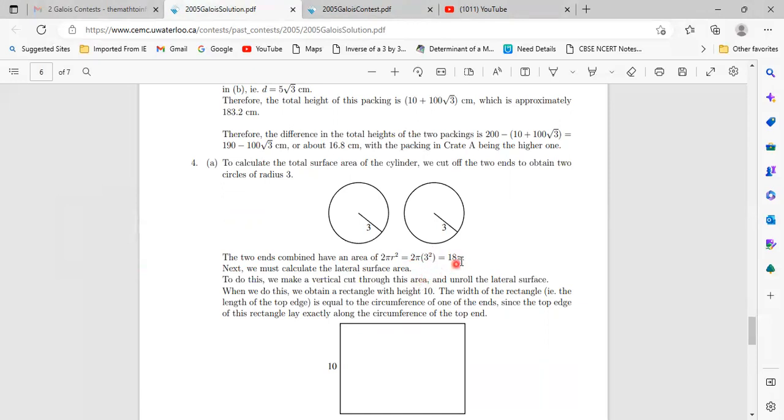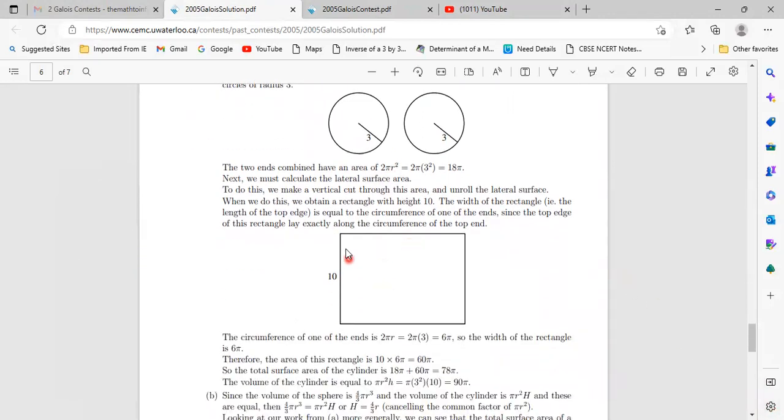For calculating the lateral surface area, I just said this. Assume you are making a vertical cut through the cylinder and unroll the lateral surface, you'll be able to obtain a rectangle, right? And we know the height of the rectangle is 10 centimeter. So we can say this is 10, right? And what about this one?